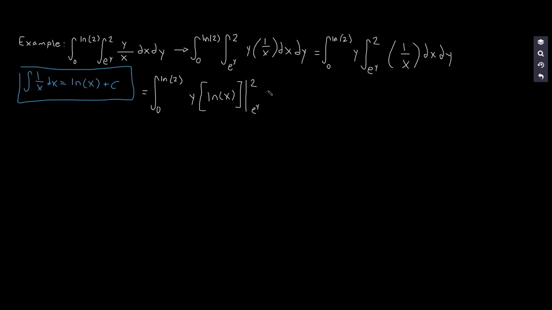And then we'll have a dy in the end. I should specify that these are the limits of integration set to x. So x equals e raised to the power of y for the lower limit of integration, and for the upper bound, x equals 2, with respect to x.